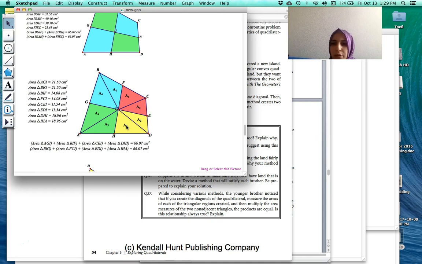This method works because the area BIF and the area FIG are equal, since they have equivalent bases, because F is the midpoint, and they have the same height. Let's represent each of these two equal areas with A1.